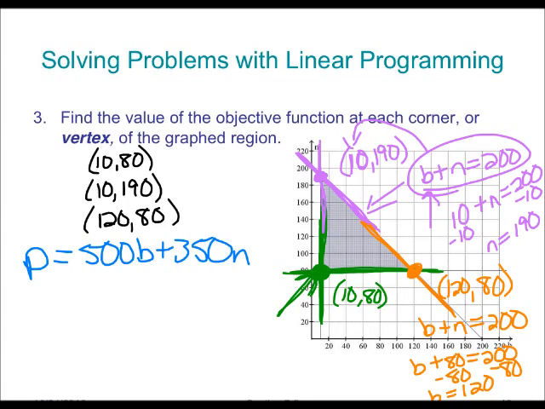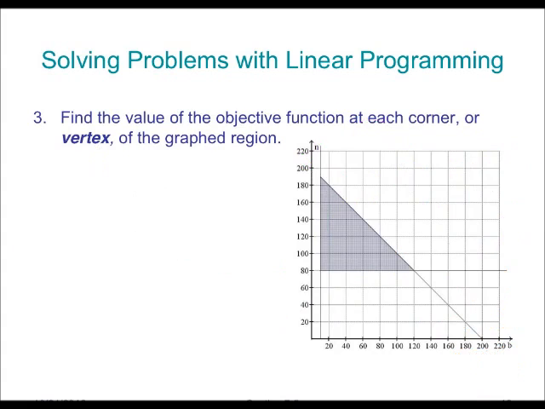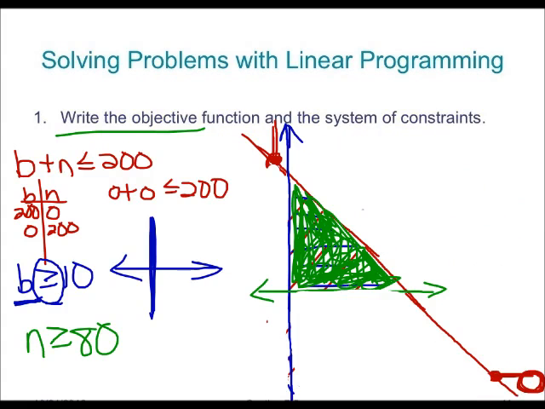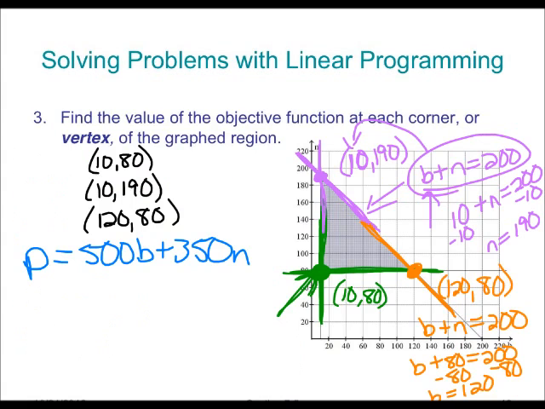Let me check that real quick just to make sure I got that right. 500b plus 350n. Yep. So what you need to do is plug each of these points into this P function.